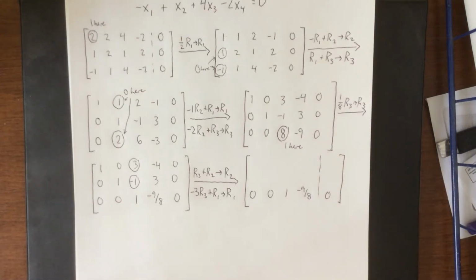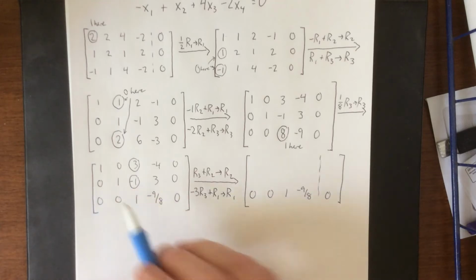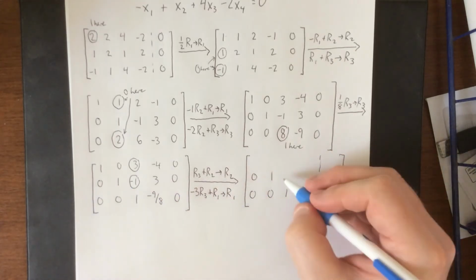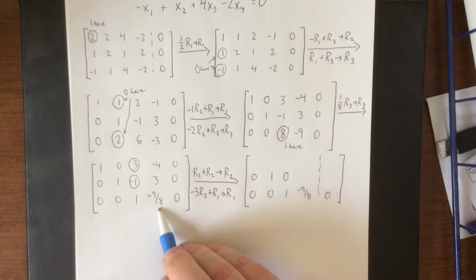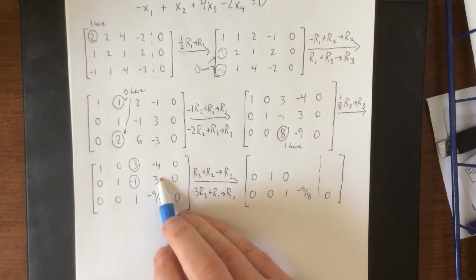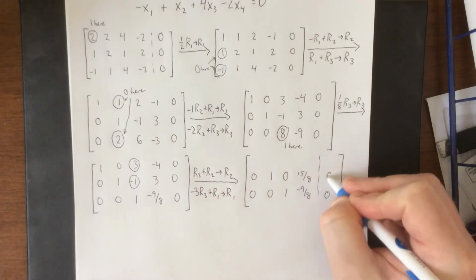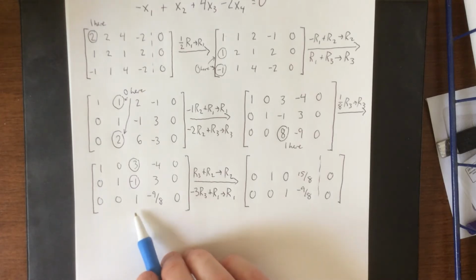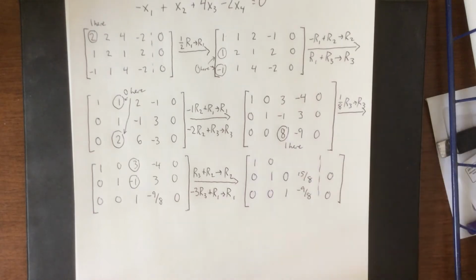Okay, so taking the third row and adding to the second row, 0 plus 0 and 0 plus 1 will be relatively straightforward. 1 plus negative 1 gives us the 0 that we were trying to get. Then negative 9/8 plus 3, that'll be 24/8 minus 9/8 to get 15/8. Then taking negative 3 times the third row and adding to the first row, the first two terms will stay the same.